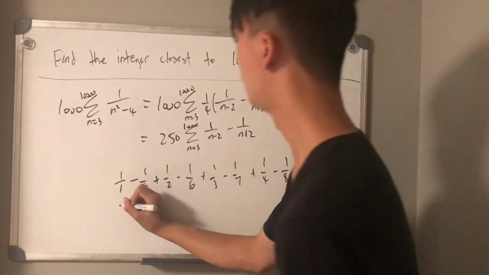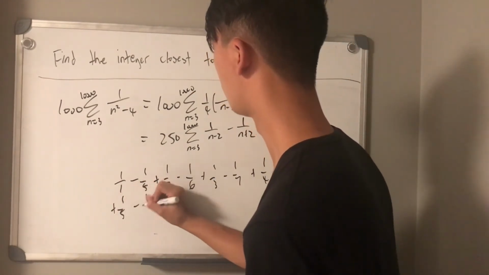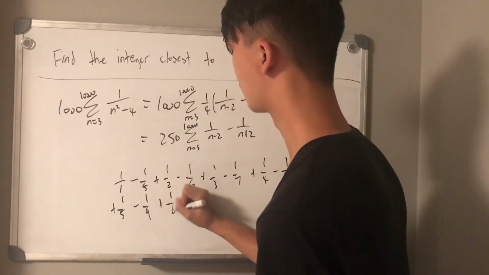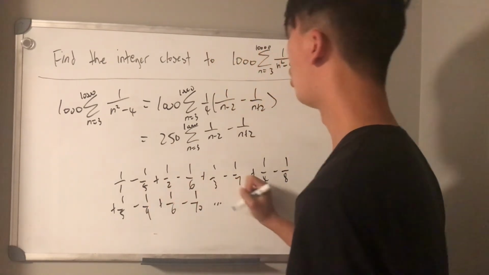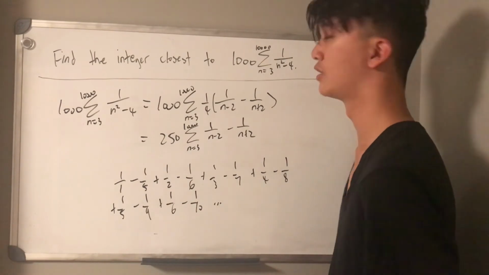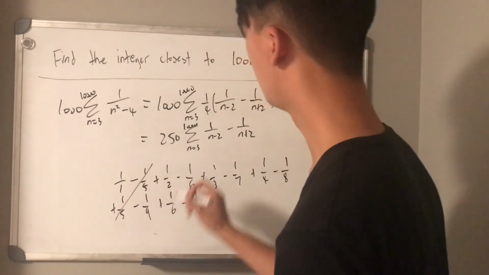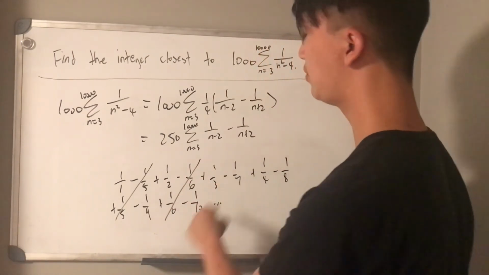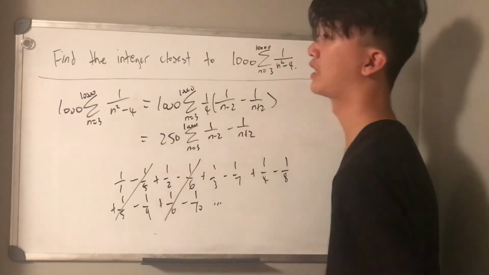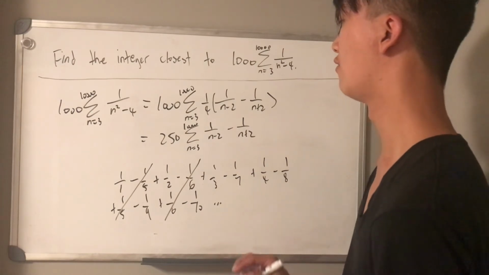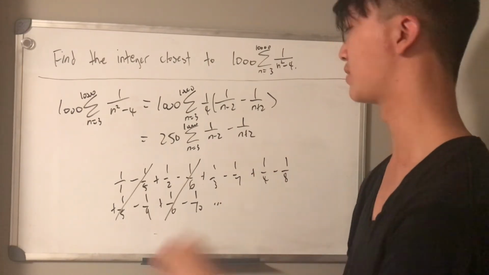And then we have plus 1 over 5 minus 1 over 9, plus 1 over 6 minus 1 over 10, all the way on until n is 10,000. So notice that these terms cancel out because they're the same, and it will keep on canceling each other out until we get to the end, where we will have 4 terms at the end and 4 terms at the start.